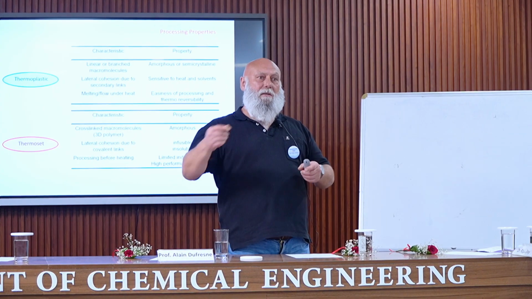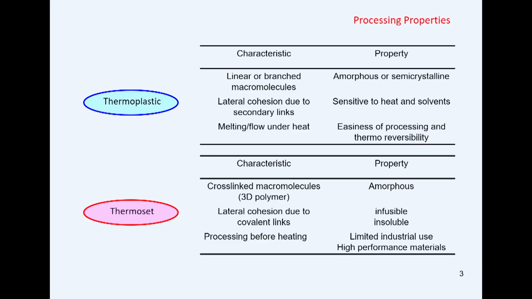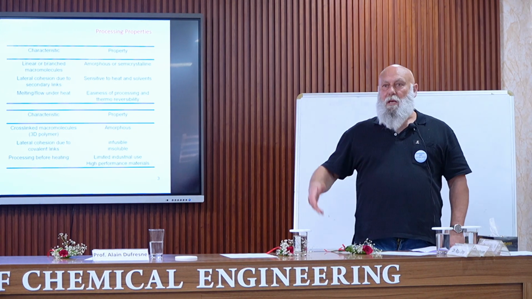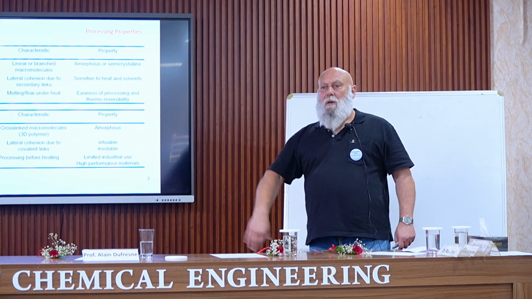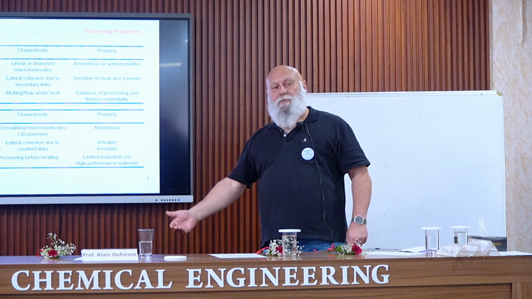But generally, one property that results from this characteristic is that thermoplastics are sensitive to heat and to solvents. So heat, meaning that when heating the polymer, it changes from a stiff behavior that corresponds to the glassy state to a softer material, which is a rubbery state, and then the material can flow.